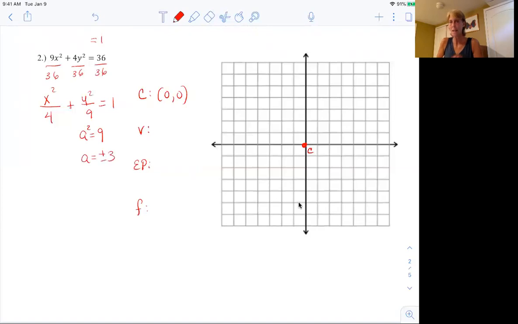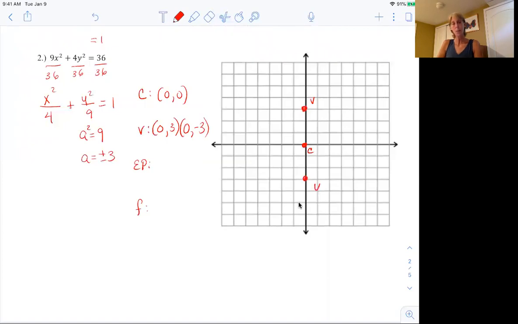What that means is I'm going to be moving longer in the y direction. So my ellipse is going to kind of be vertical this time. So I'm going to move off of my center, go up 3 and down 3. These are my vertices. 0, 3, 0, negative 3.